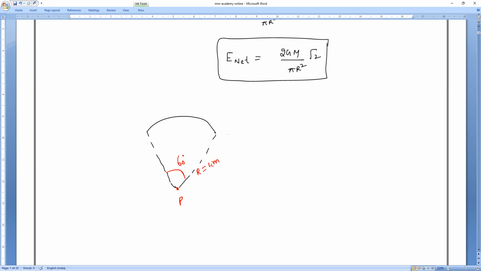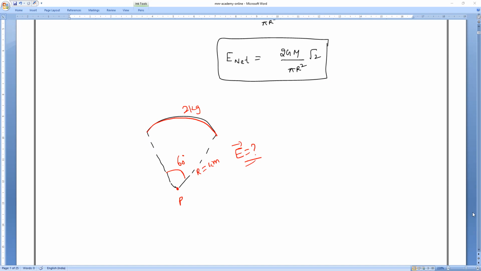The mass of this arc is, let me take, 2 kg. Then what is the gravitational field? That is the question. So in these cases, how to solve it? Let us see that. It is a part of a ring or a part of a sphere or whatever it is.